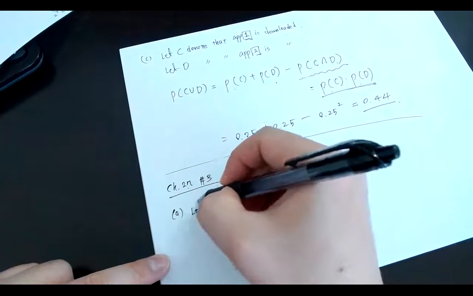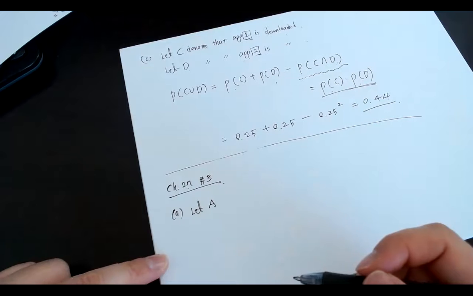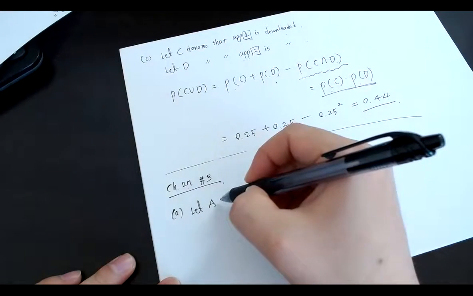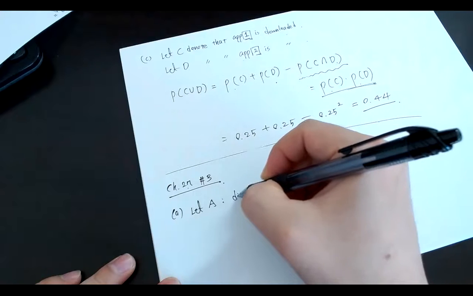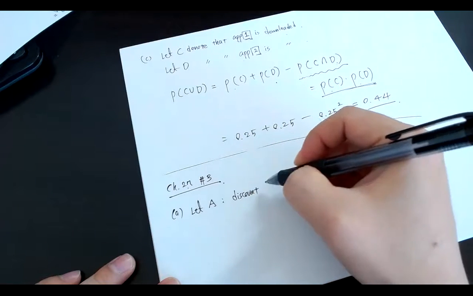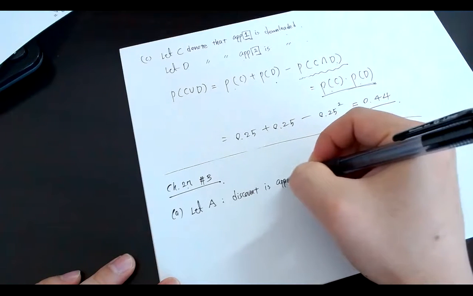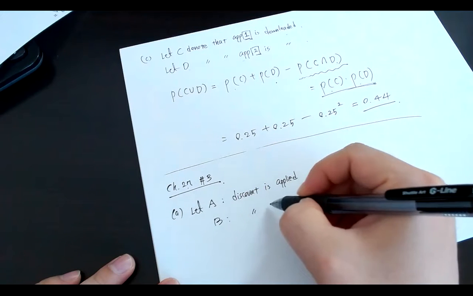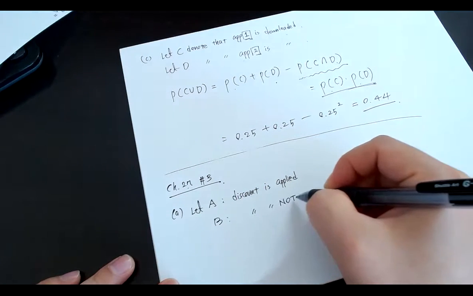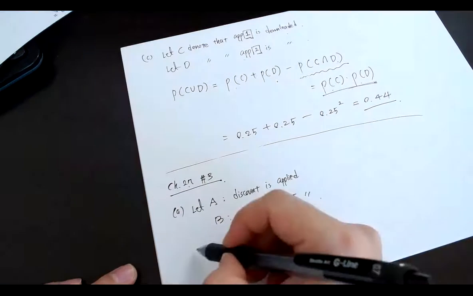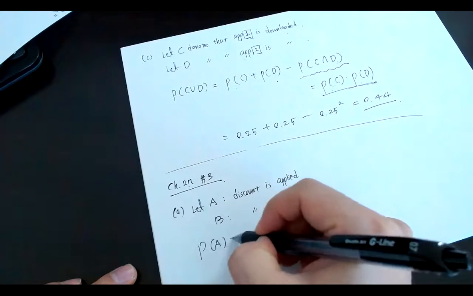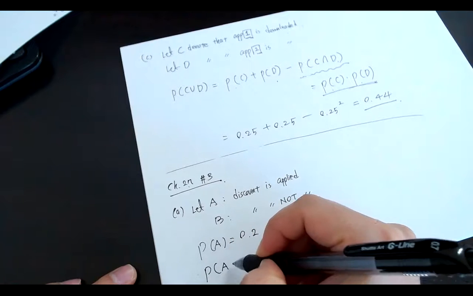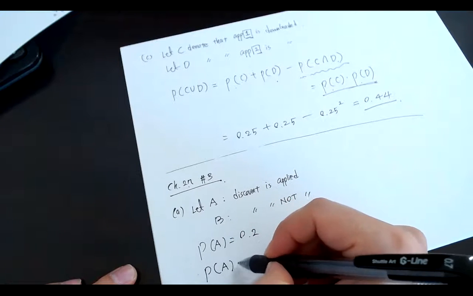Let's say A denotes the discount is applied, and let's say B is the discount is not applied. We know the probability of A is 0.2, the problem says that, right? But you know what? P of A plus P of B should be 1.